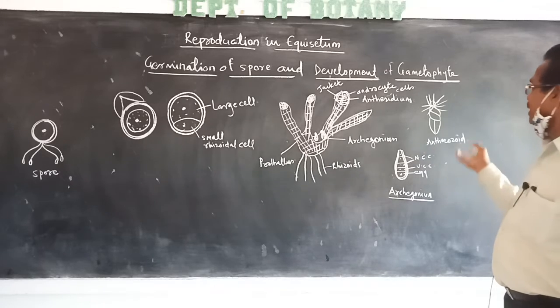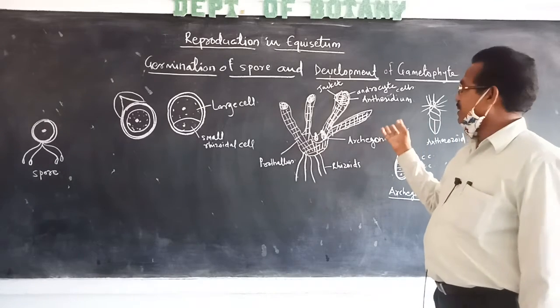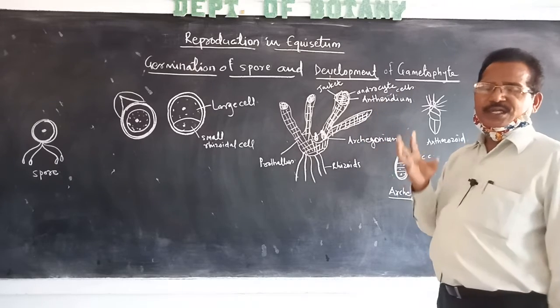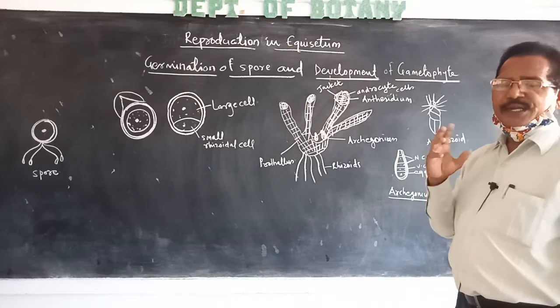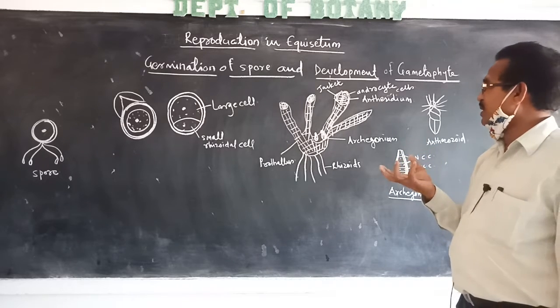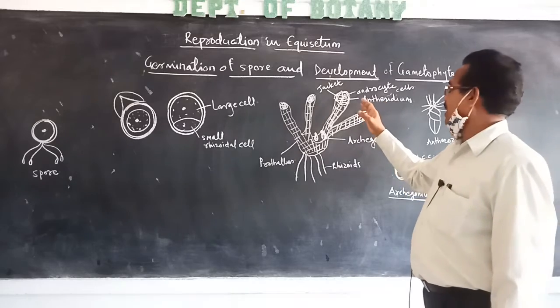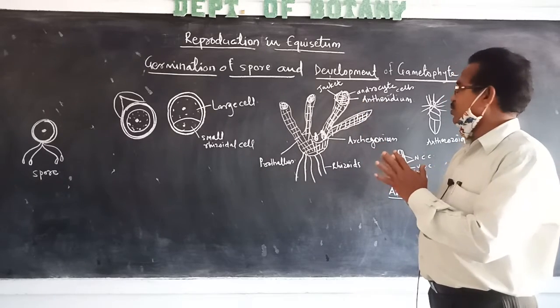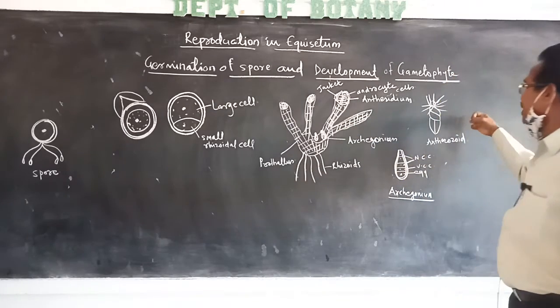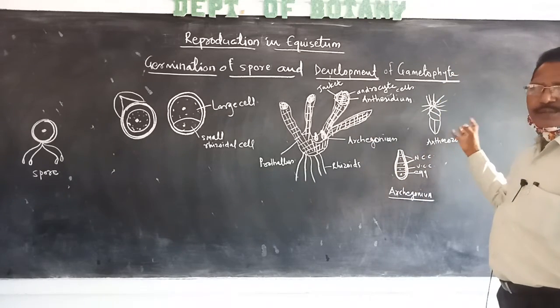After maturity of antherozoids, the jacket cell absorbs water. Water is essential for the breaking of antheridium and liberation of antherozoids. They absorb water, it exerts pressure, the jacket breaks, and a number of antherozoids are liberated in mass.